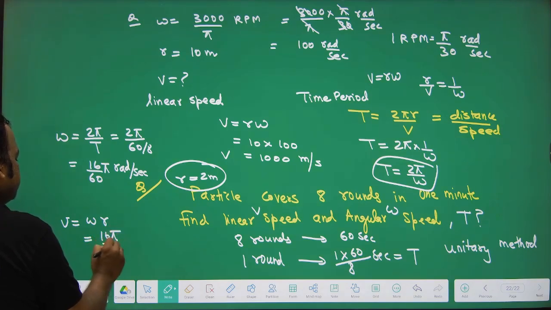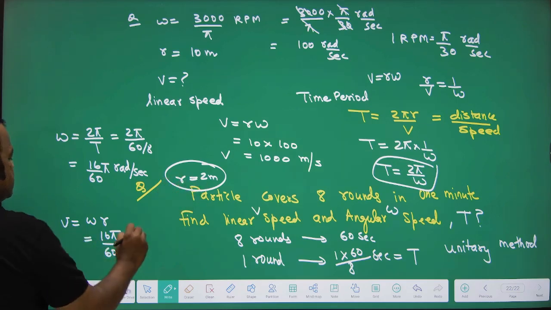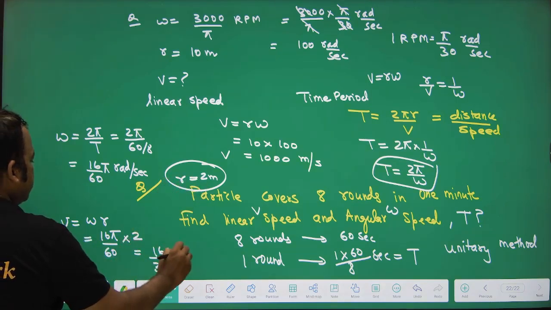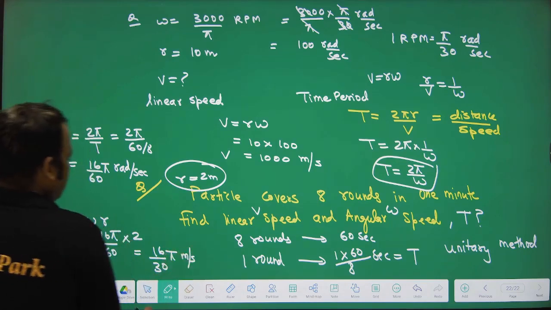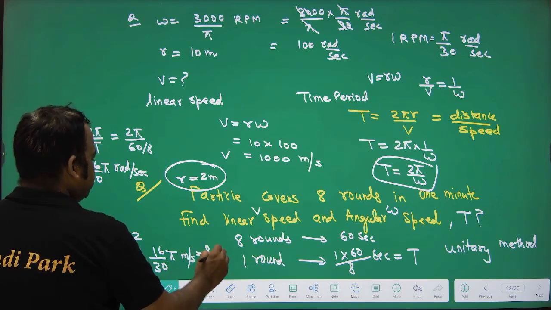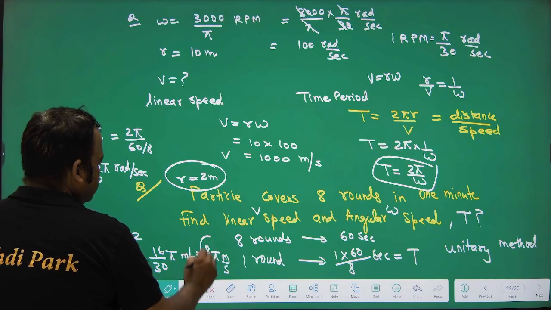So 16 pi by 60 into radius, which is 2, equals 16 by 30 pi, or 8 by 15 pi meter per second.